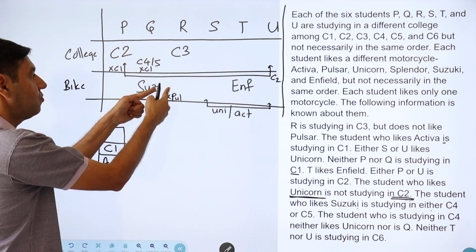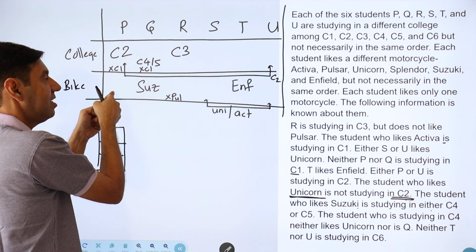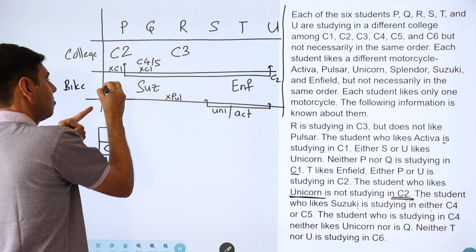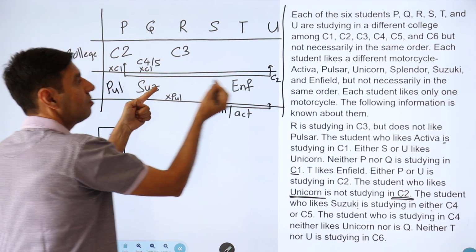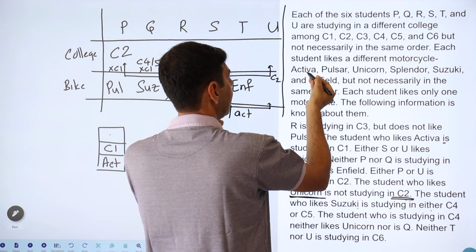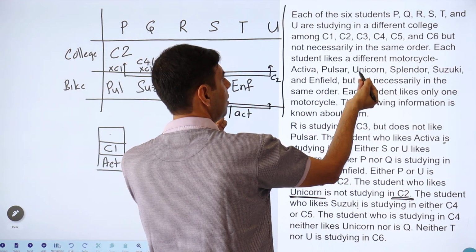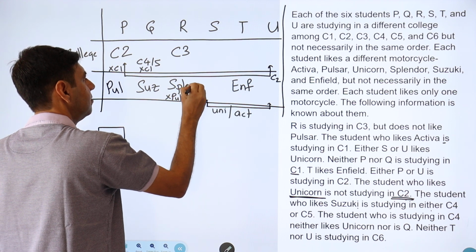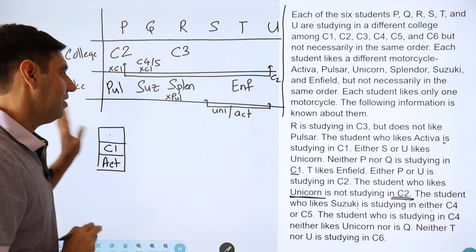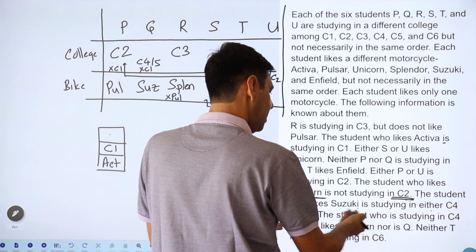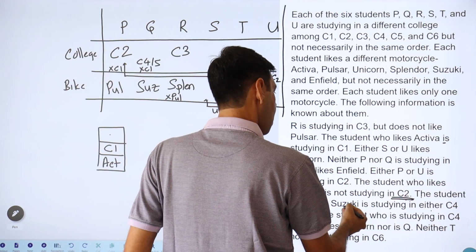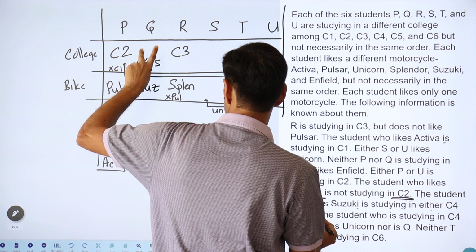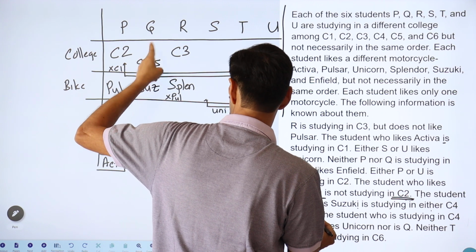And if this is Suzuki, Pulsar has to come in here now. So this has to be Pulsar. The third, whichever is unknown, Activa will come here, Pulsar I've put, Unicorn will come here, Splendor. So this has to be Splendor. Seems like everything is fitting in by the time I reach the end. Is studying in C4 or C5, but that option is still available. Is it 4 or 5?